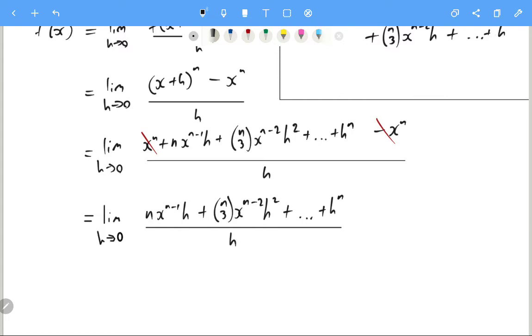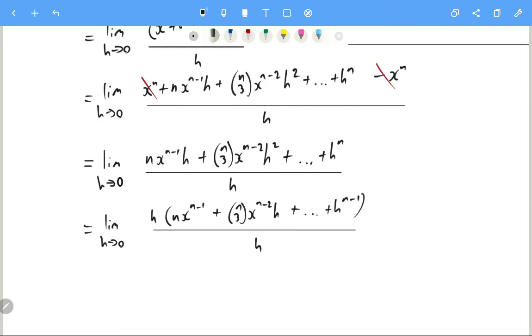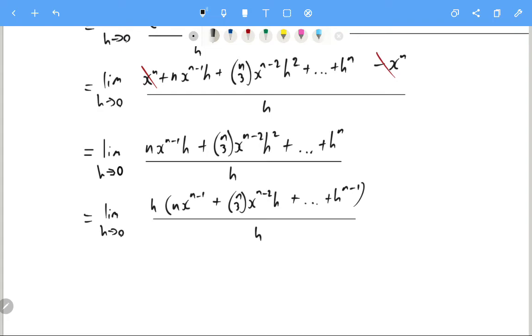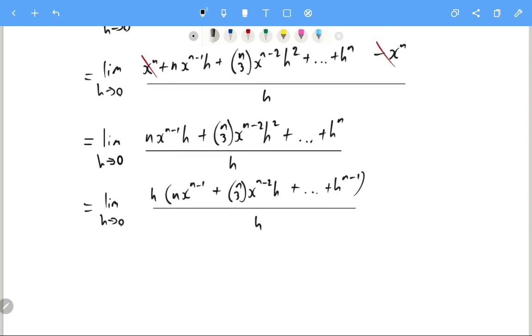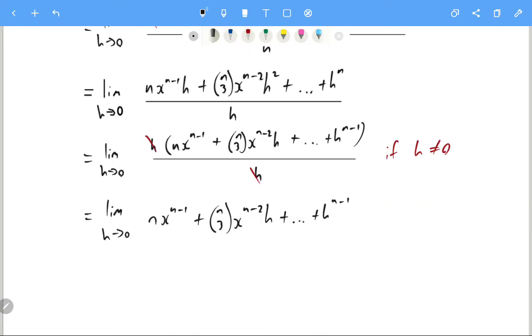What you'll notice is that every single one of these terms has a factor of h on the top. So we can factorize out that factor of h. And you might be worried because you're saying, hey sir, that doesn't work, we've still got lots of terms on the top. However, fortunately, a lot of them are going to cancel. Now we're allowed to cancel the h on the top and the bottom, as long as h is not equal to 0. And we're left with this.